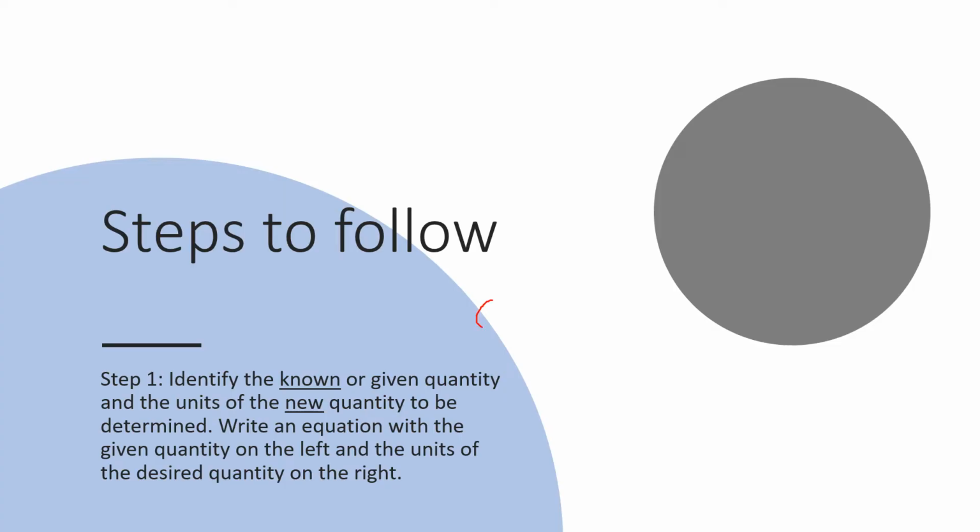So for example, you have centimeters and you want to convert this to meters, so you're going to write this on the left side of your equal sign and then you want to convert it to meters, so all you have to do is write it down as such. So identify the known or given quantity and identify the unit that you want to convert it to.